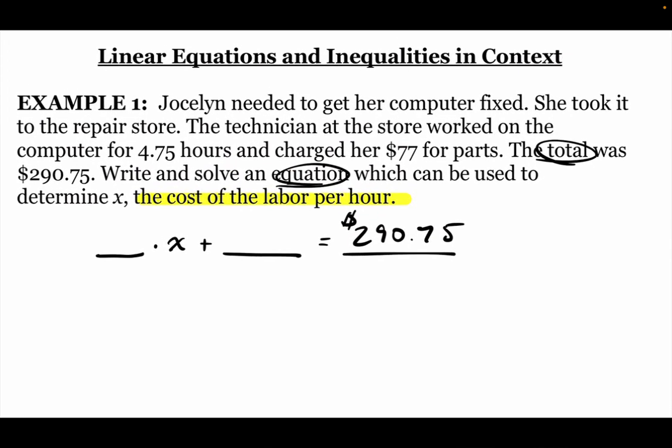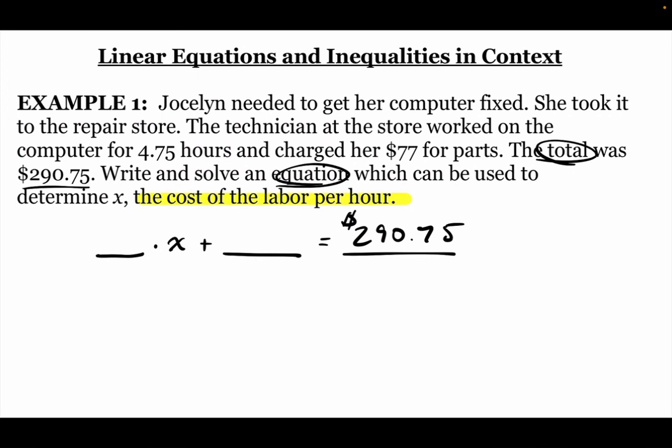Now we have 4.75 hours and $77 for parts. One of those is a fixed number that's not going to change, and one of them is a rate. Which one is the fixed? The parts. The parts are the fixed number.